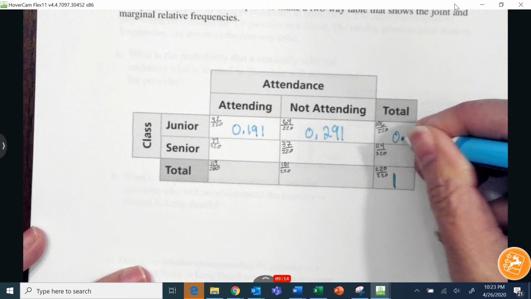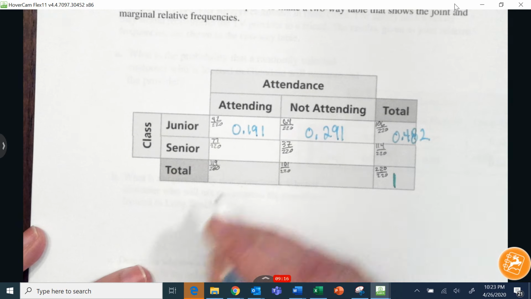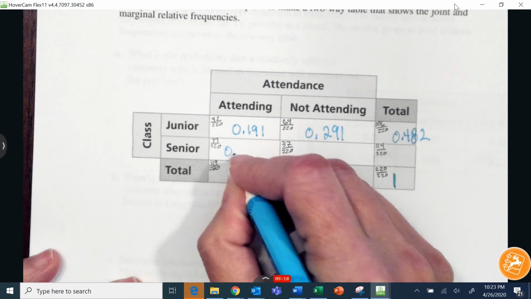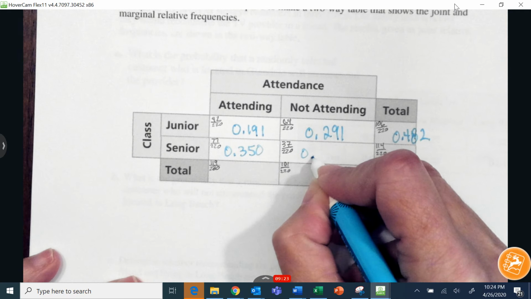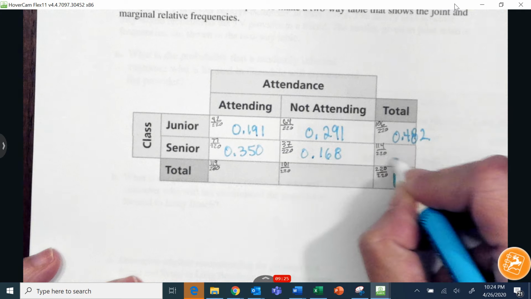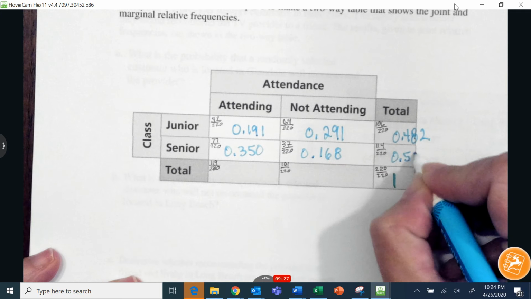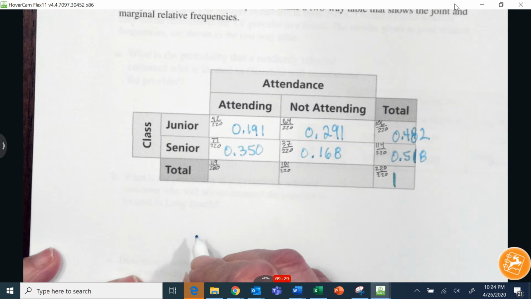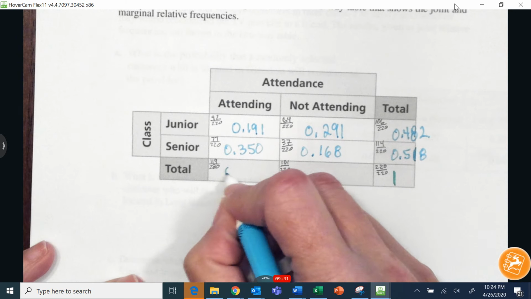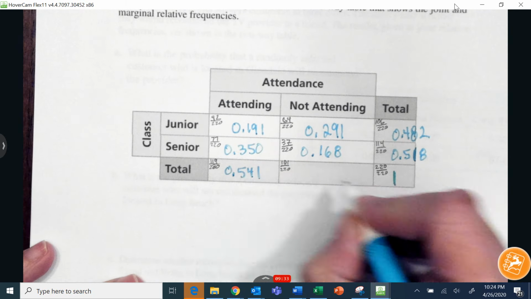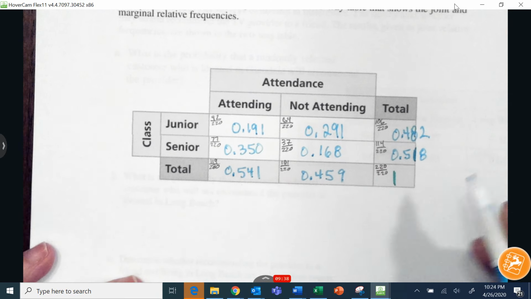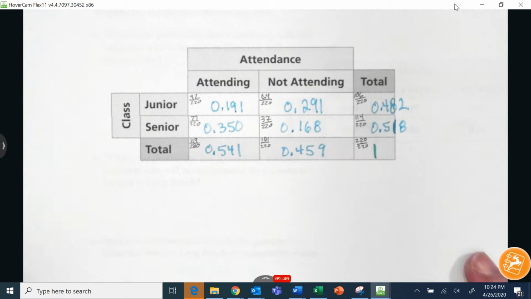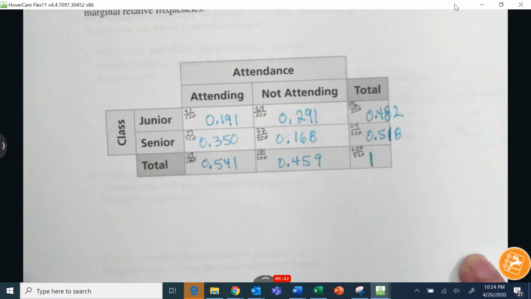And I get 0.482. Here I'm going to get 0.350, then 0.168, 0.518, then 0.541, 0.459, and then 1.